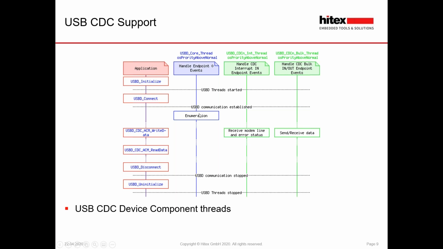Once we're configured, there are a number of interrupt pipes that are configured in the background and served directly by the USB stack. In terms of creating a virtual COM port, we can configure the device, and then we have some high-level functions to read and write data to and from the COM port. When we're finished, we can disconnect and then uninitialize. This will stop the threads and release any memory that they're using.